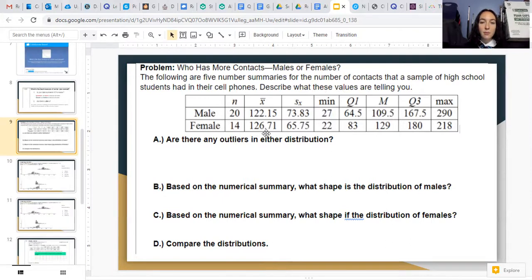X bar, remind yourself, means mean. And SX, that's the standard deviation. So we have here a measure of center in X bar and a measure of spread with standard deviation. And then the following columns are our 5-number summary: the minimum, first quartile, median, third quartile, and max.